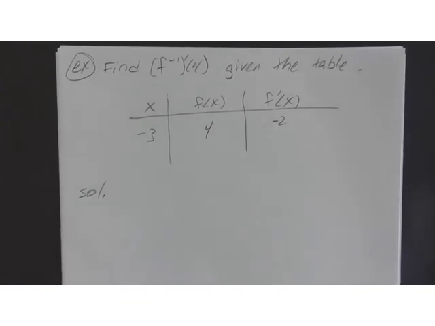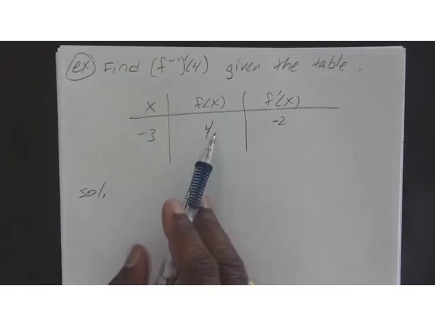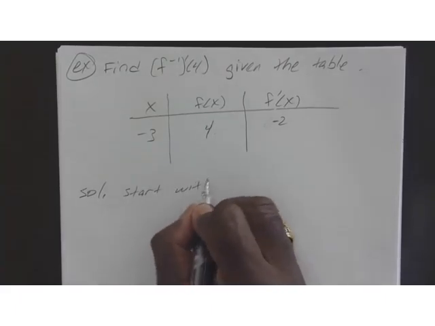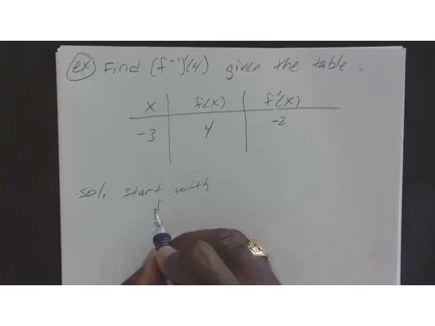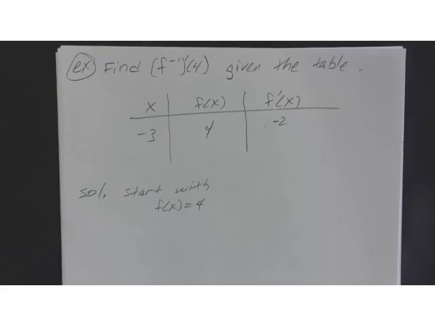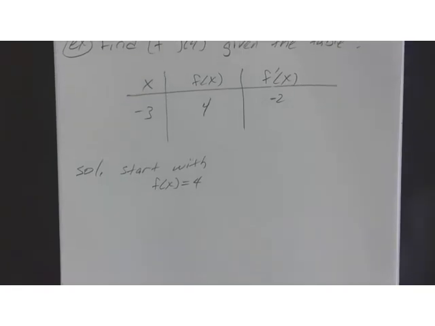Okay. So again, this is just kind of their way of testing your understanding of the concept. So we're going to start here. We know that f of x is equal to 4. Okay.